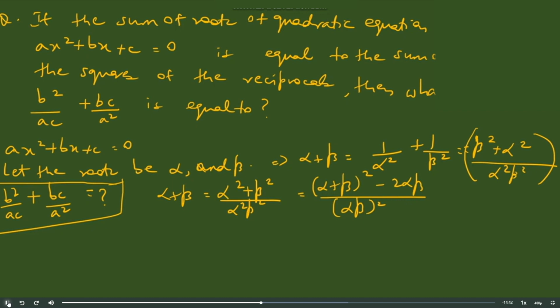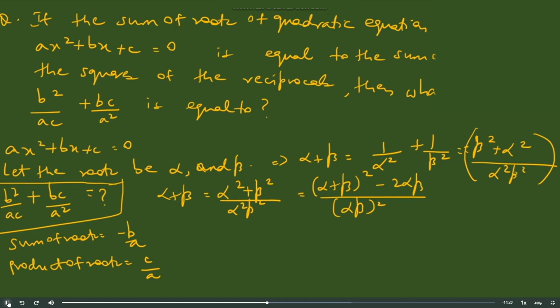So sum of the roots we know it is minus b by a, and product of roots is c by a.